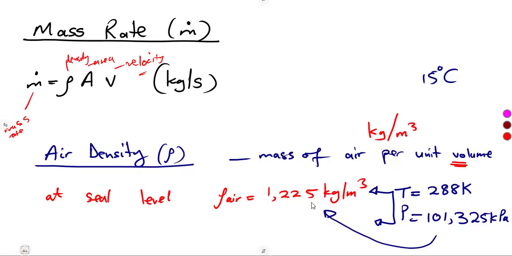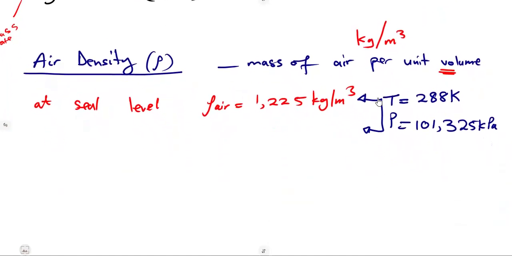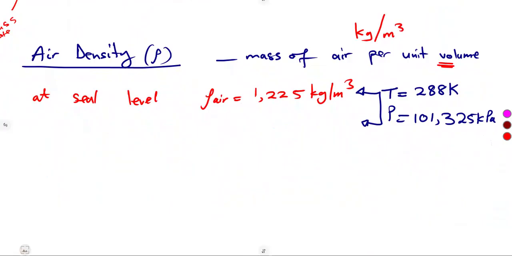So when we are not given that, we have to calculate it from pressure and temperature. But in most cases, you will be given the density of air. But when we are not given it, how are we going to calculate this air density?